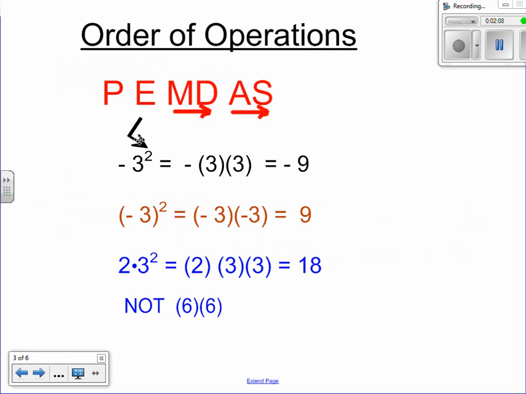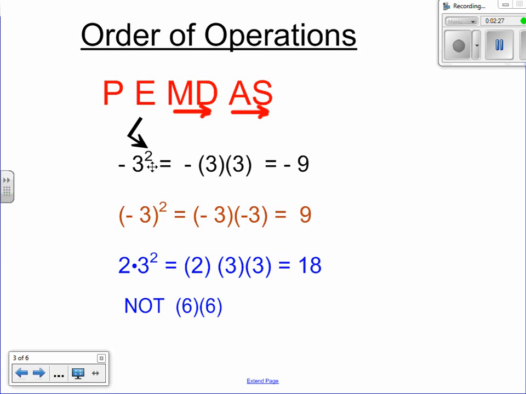When we're talking about the exponent, the exponent, which is the little number raised in the air, only applies to the very thing that it is next to, that is just to the left of the exponent. Like in my first example, it does not apply to the negative, only to the 3.